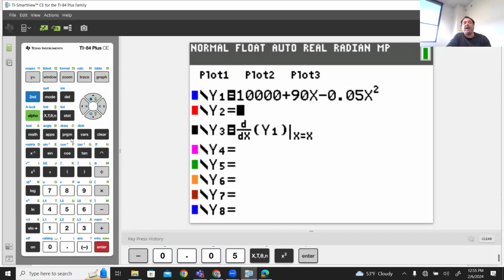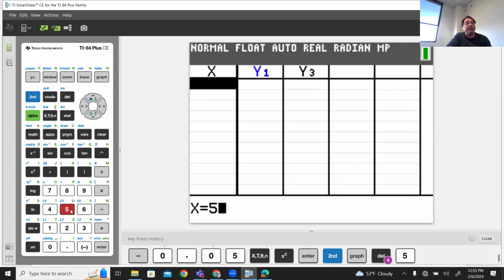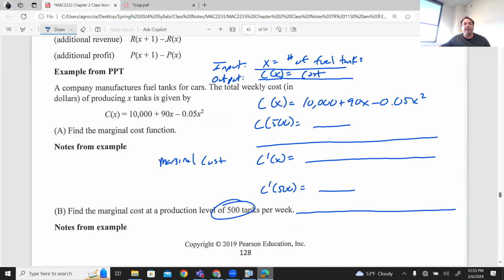And I want to plug in 500. So I go to the table feature, second graph for the table, and we're going to plug in 500. I'm only worried about the y1 now, not the y3. Okay, we get 42,500. Now, please notice the way I'm writing it is to basically explain what's happening right now. So I'm going to try to type it so it's a little bit maybe easier to read.